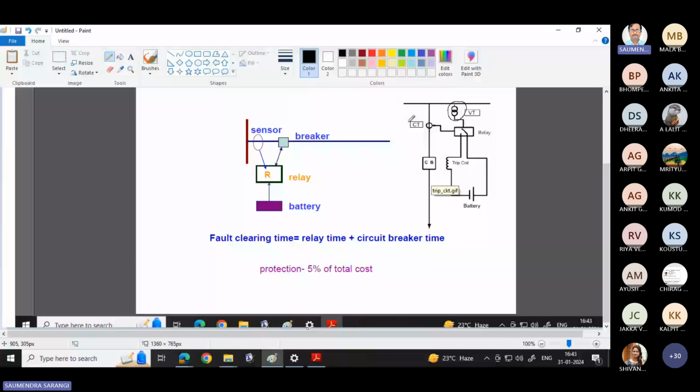The primary side current rating may be 100 ampere, maybe 1000 ampere, and the current is reduced here to either 1 ampere or 5 ampere. Normally the relay contact will be normally open. Whenever a fault occurs, it will go to NC, that is normally closed. So the relay contact moves from NO to NC, and the circuit breaker, which is normally closed, NC, goes to NO when a fault occurs.